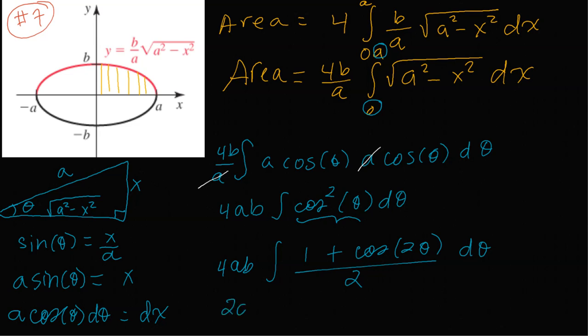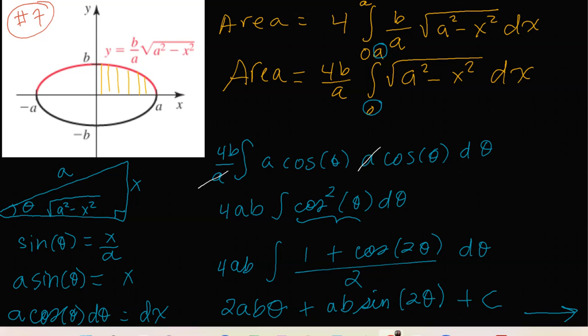We'll have 2ab theta plus the integral of cosine is sine of 2 theta divided by 2. There was already the 2 on the denominator. That makes it 4. 4 cancels with that 4. So all I have is AB plus C. Okay, let's move to the next whiteboard here.